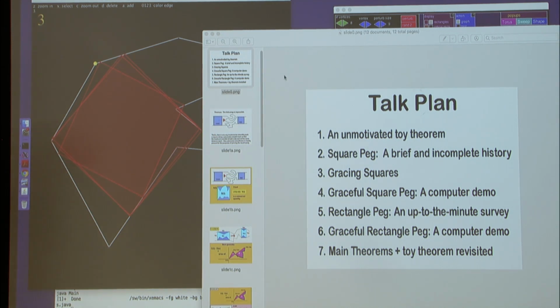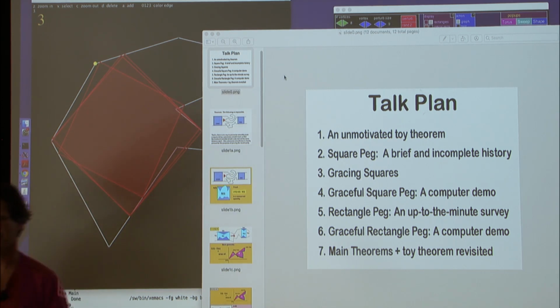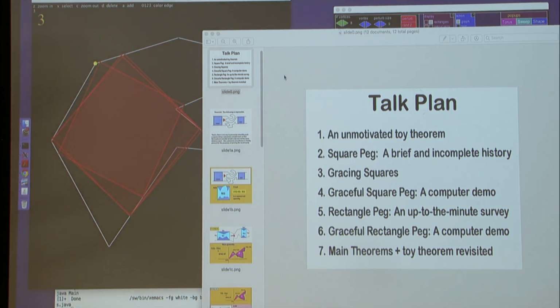So rectangles. I don't have a slide for this. One of the results is due to Vaughan, that every Jordan loop has a rectangle, and another result is due to Cole-Hugelmeyer, that every smooth loop has an inscribed rectangle of aspect ratio √3, and other values. It's just that √3 is the one that works all the time.